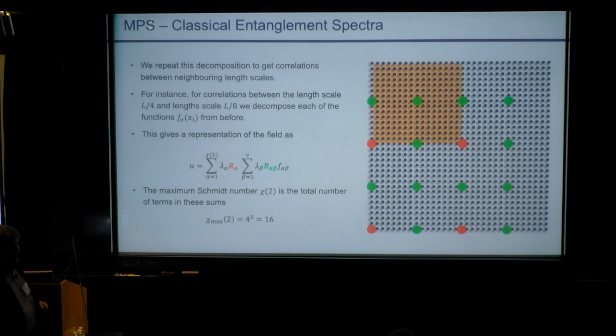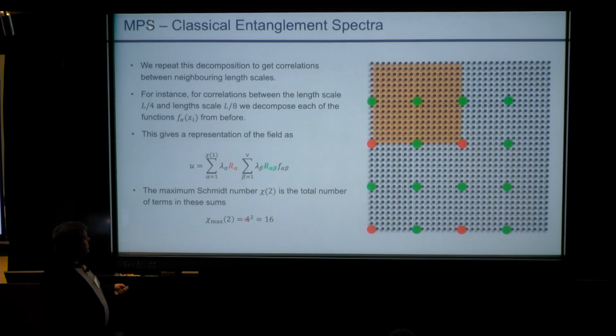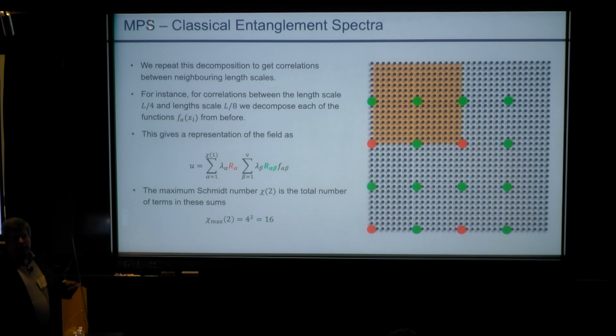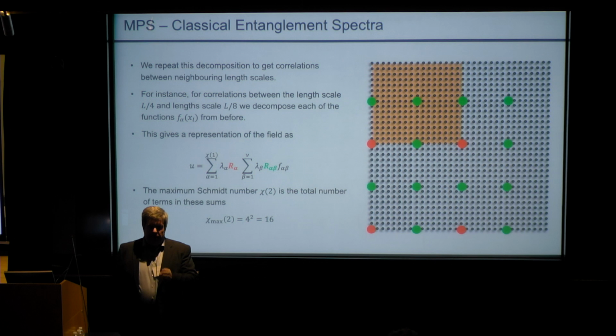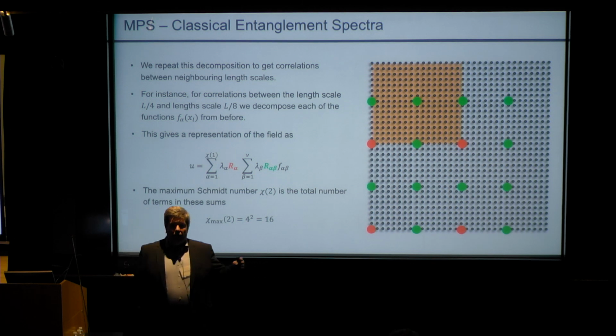And then I just repeat this step. I take each of these red dots and the corresponding subgrid, and again divide it into 4 subgrids. I do this for all the different subgrids, and I do another Schmidt decomposition. So I do exactly the same thing as what we usually do for spin systems. But the important difference is I do not go spin by spin. I do not walk along space.